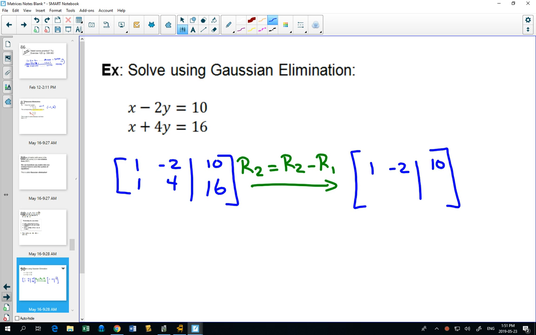But if I do row 2 minus row 1, can you see that this would become a 0? 1 minus 1. And 4 minus a negative 2, this will become a 6. And 16 minus 10, this will become a 6.